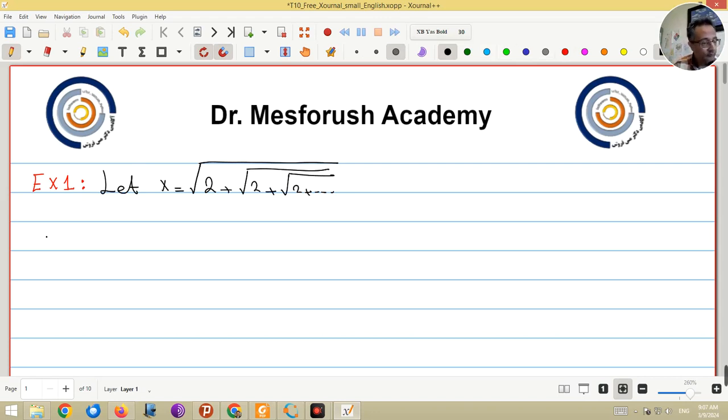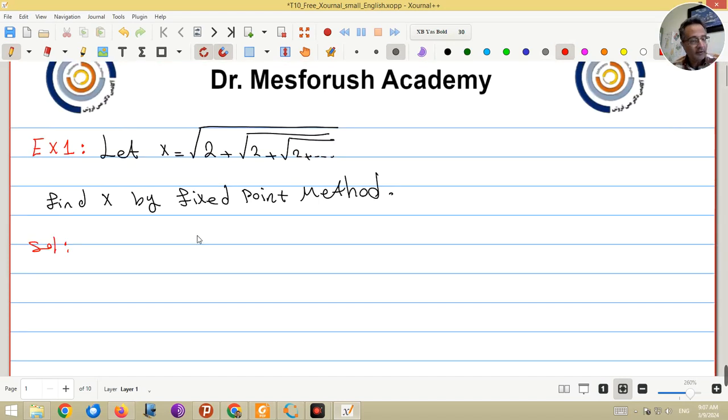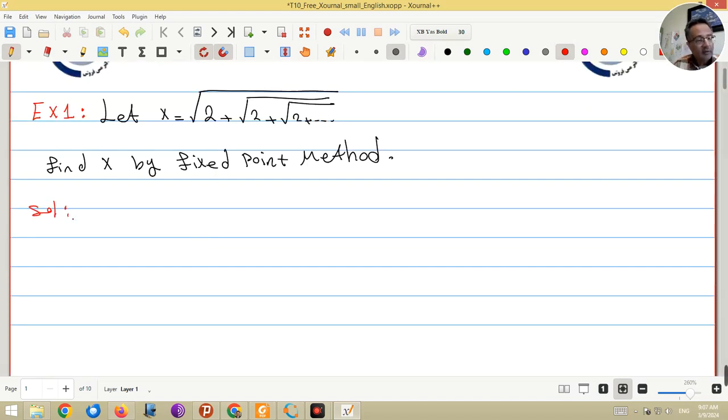So, find x by fixed point method. Now, let me start to solve the problem. First of all, we have x equal to square root of 2 plus square root of 2 plus square root of 2 and so on.